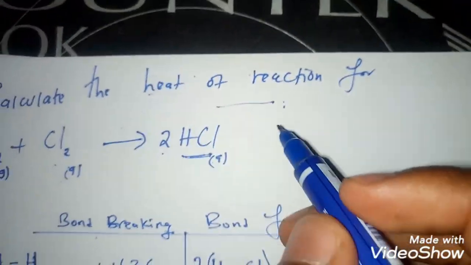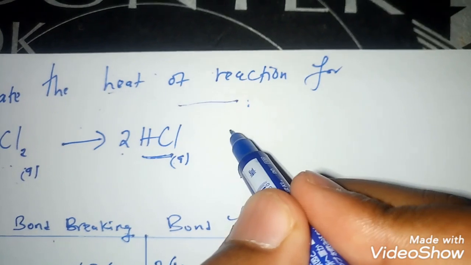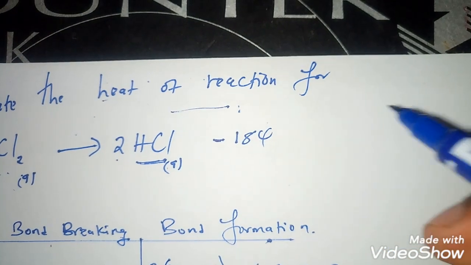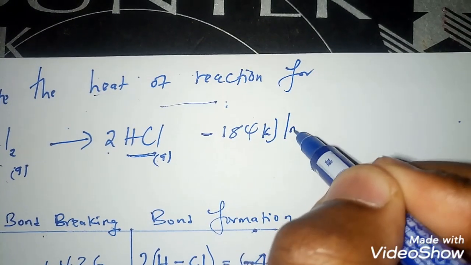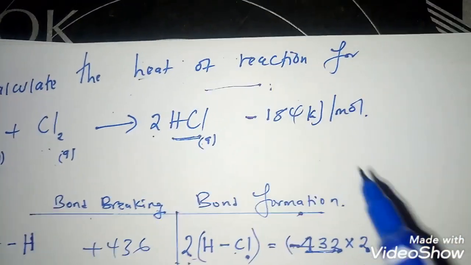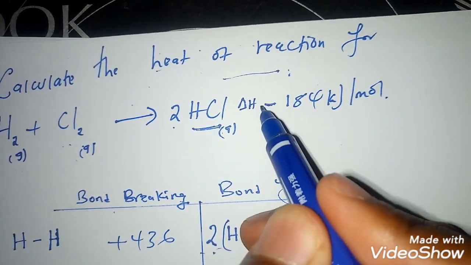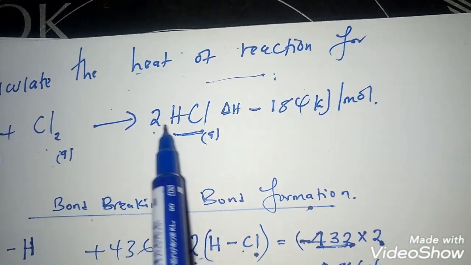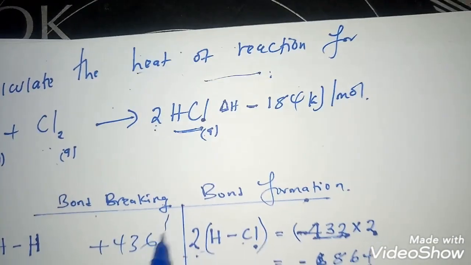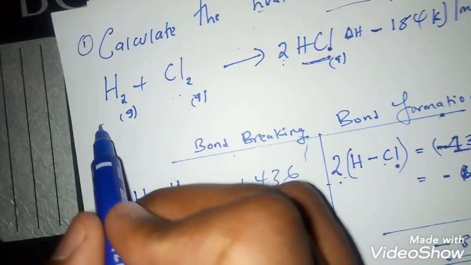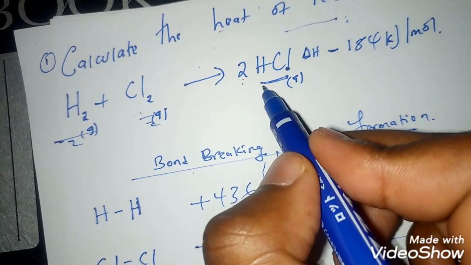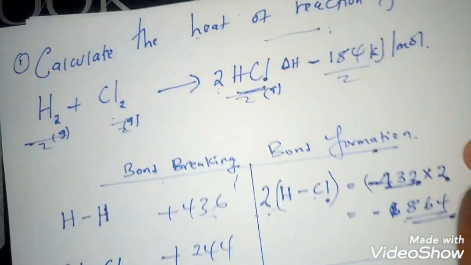Therefore, the overall energy for this reaction is negative 184 kilojoules per mole. However, this is the energy for forming 2 molecules of hydrogen chloride. What if you want to form only 1 molecule? You divide the overall by 2.